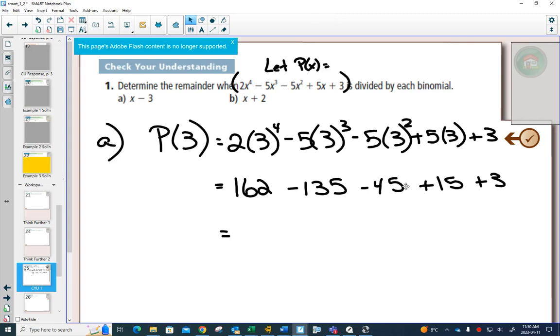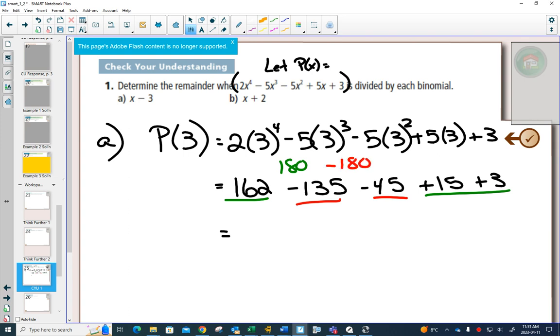Personally, for this one, if I was doing mental math, I would probably put all the positive ones together. That's not too hard. It's just 162 plus 18. I hope you can see that that's 180. I would put the negative ones together. Negative 135, negative 45. I hope you can see that that's negative 180.